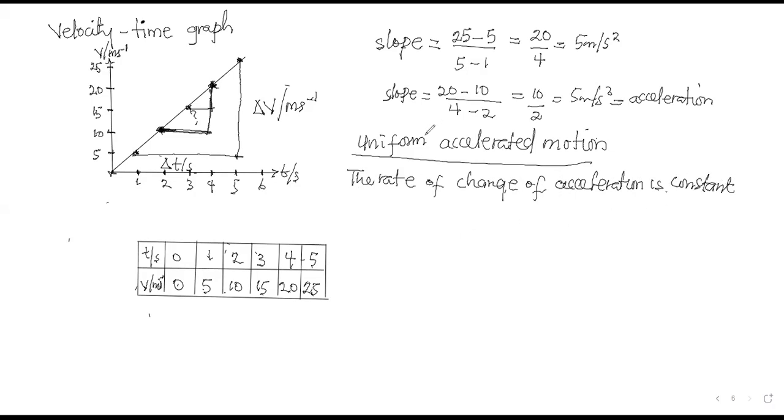In a uniformly accelerated motion, the rate of change of acceleration is constant. Or you can define a uniform accelerated motion as the motion of a body whose velocity increases in equal intervals within equal time intervals.